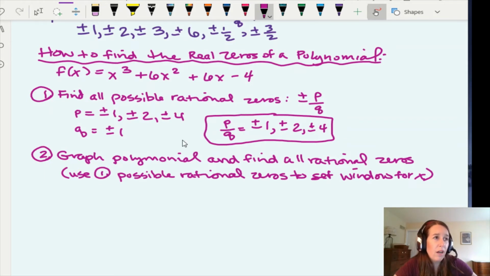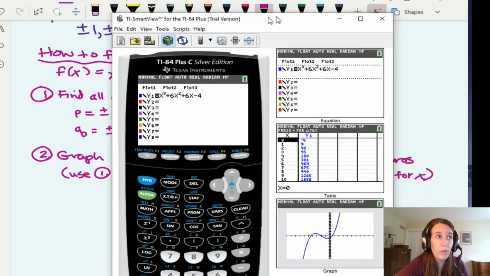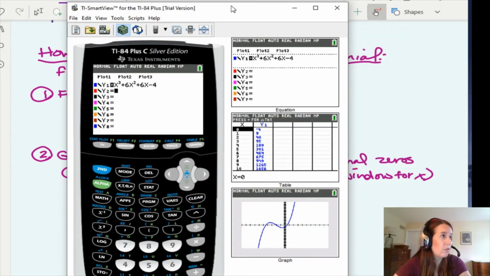So, you know, our p's over q's, these are definitely not all rational zeros of this function, but at least one of them is, and that's the one we're looking for. And so we know that the rational zeros are between -4 and 4 based on our work on p over q.